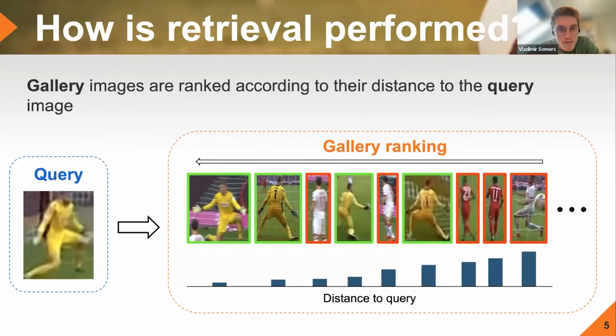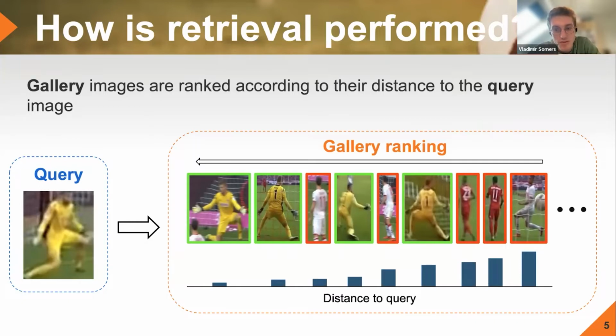So how is that person retrieval task performed? In practice, re-identification methods output a kind of similarity metric between pairs of images. And this similarity metric can be seen as a distance between images. So a small distance means that we are facing similar samples, similar images, and a big distance means that we are facing different samples.